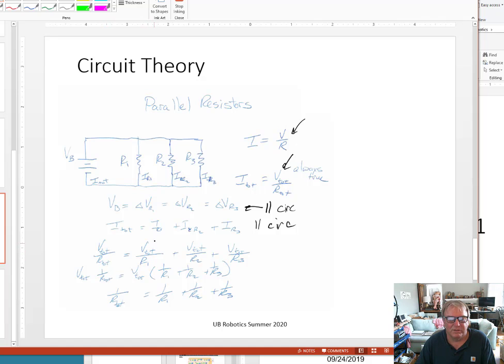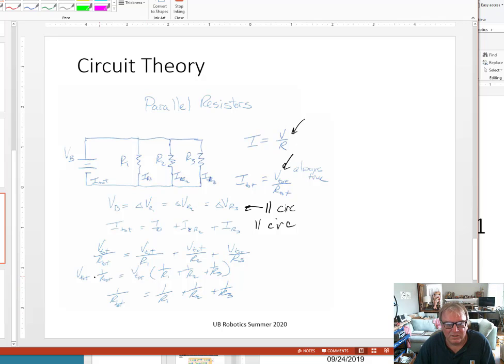Now we could have put V1 once again, and V2 and V3, but because of the condition here about the voltages, that's not necessary. Just as before, we didn't have to add subscripts to the currents. So everybody has the same V on the top.